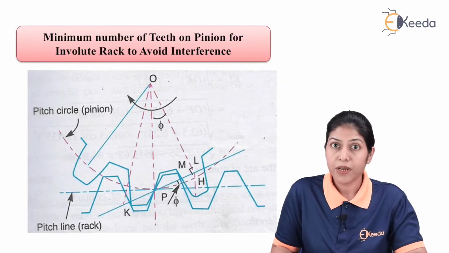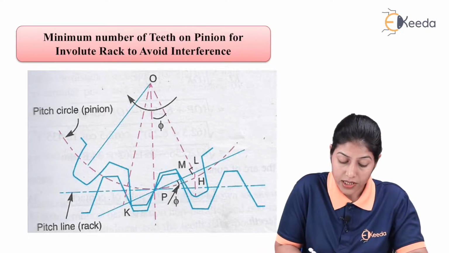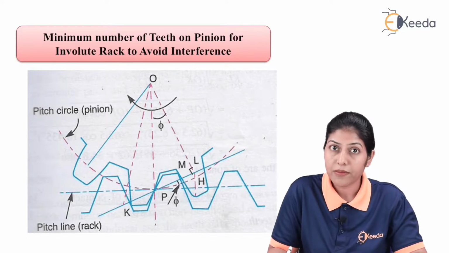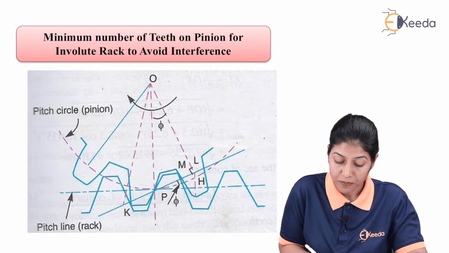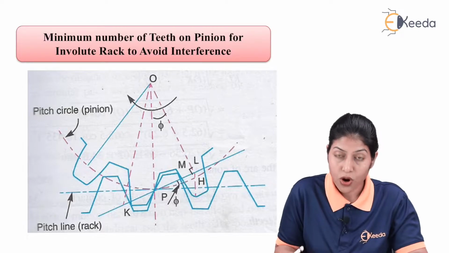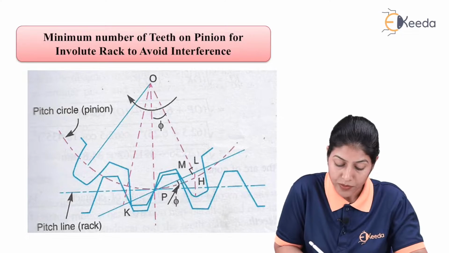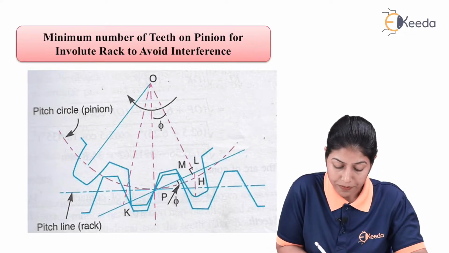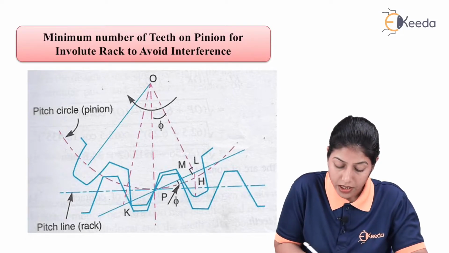in a rack and pinion arrangement we consider one gear that is called the pinion, and it has a pitch circle diameter. But the other gear, which is in meshing with the pinion, does not have a diameter. It is a straight bar, or we can consider a rod, and on that straight profile there are teeth cut.